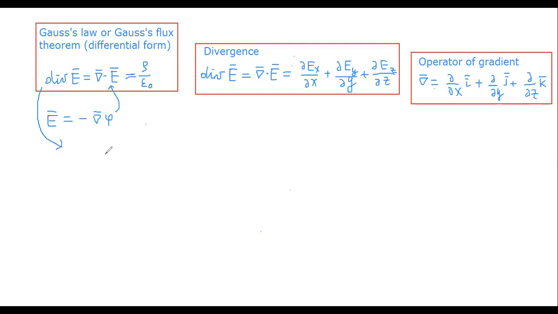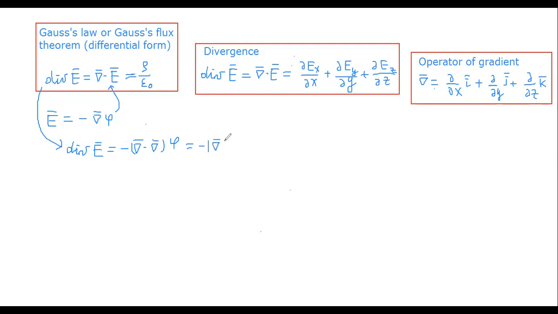Let's substitute this here. We have the divergence of electric field intensity, which is equal to minus the gradient operator multiplied by the gradient of, not E, it will be phi, the electric potential.